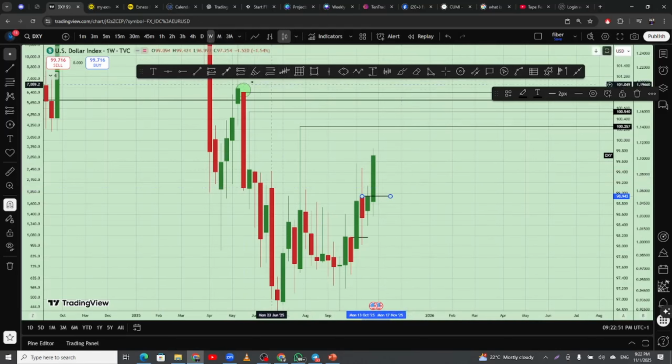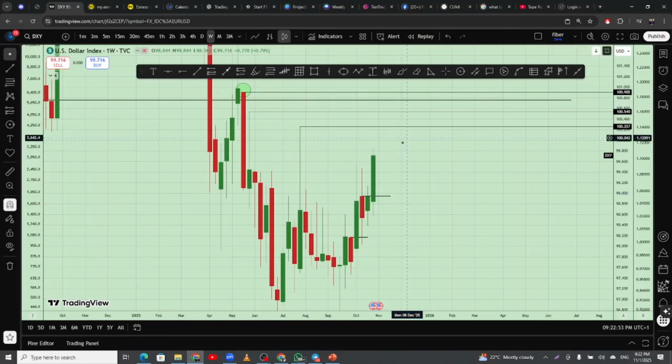But remember, on the weekly time frame here, we have this key zone. This bearish candle here is going to also act like what? As a support, since remember, bearish candles in a bullish market will act like what? Support to price.